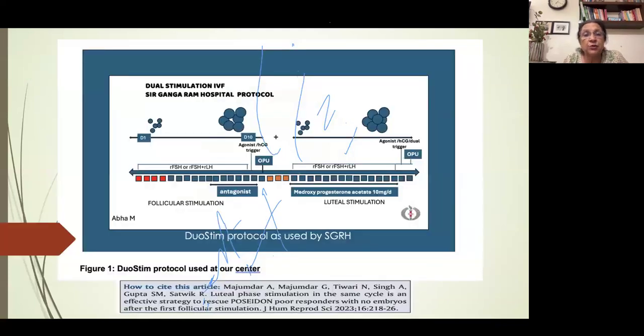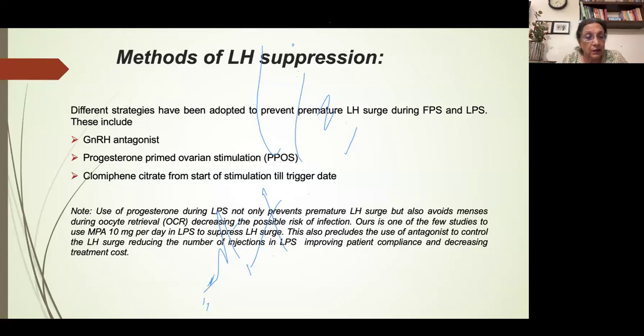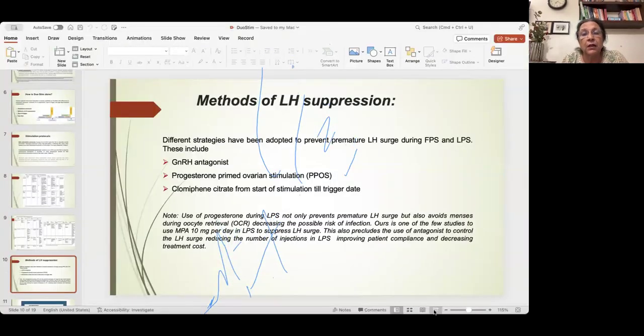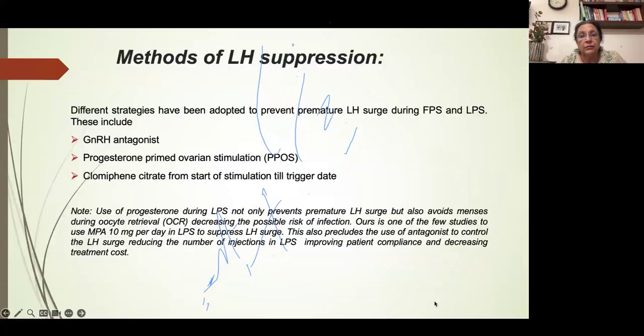Let me see if I can do anything to this. No, I can't do anything to this. There's some child who's scribbling on the screen. This happens even in our classes. Anyways, don't look at the lines, just blind yourselves from the lines. This is what I was trying to do.